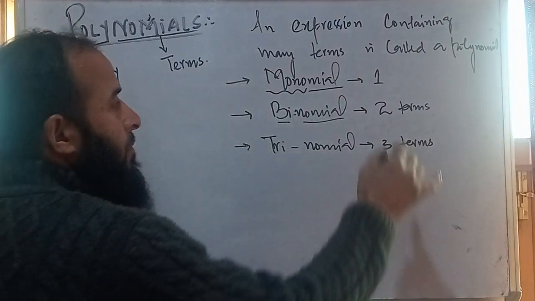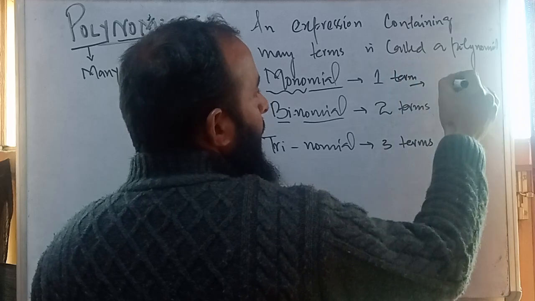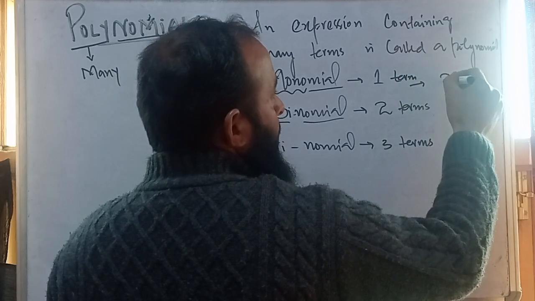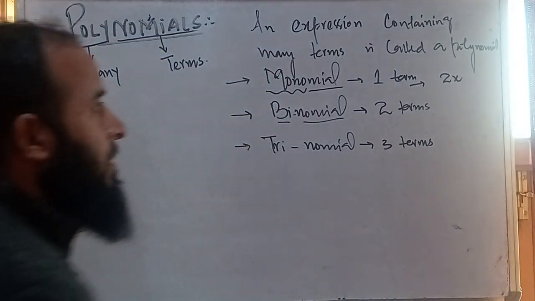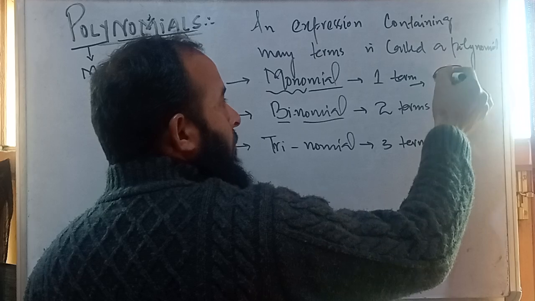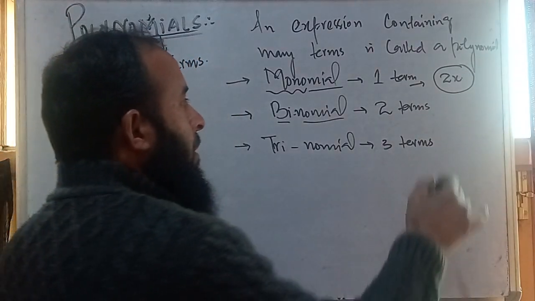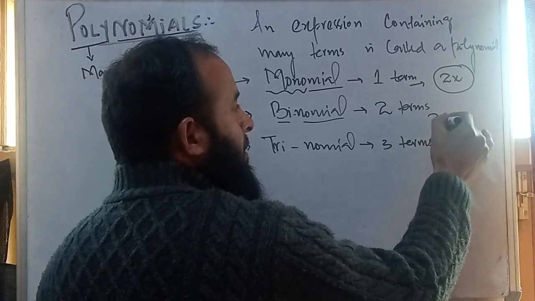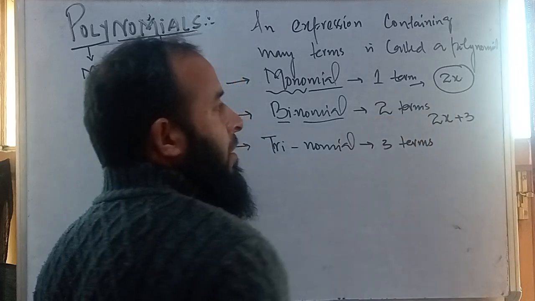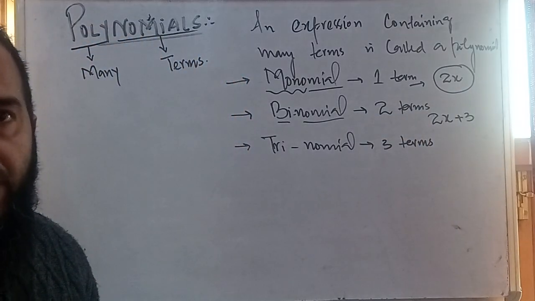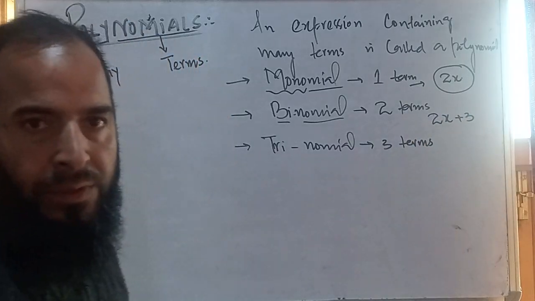For example, if we have 2x, it is a polynomial with only one term. Here we can write it as 2x plus 3. It is a polynomial with two terms.